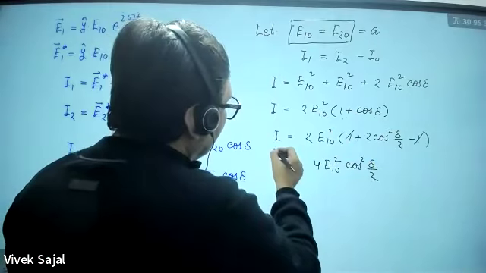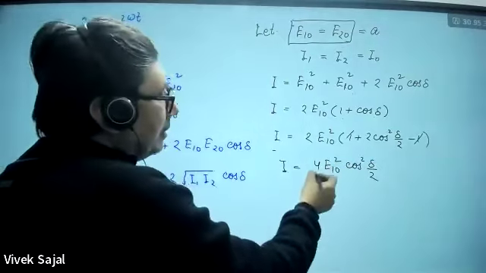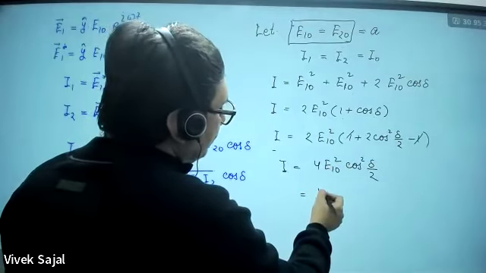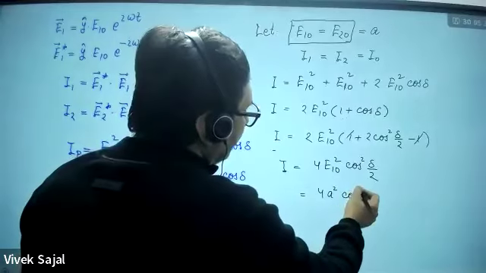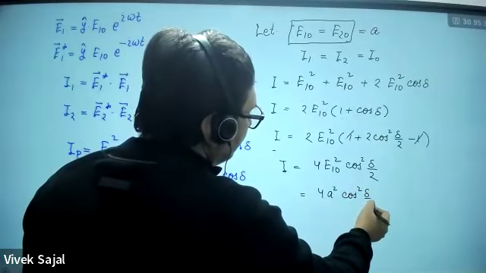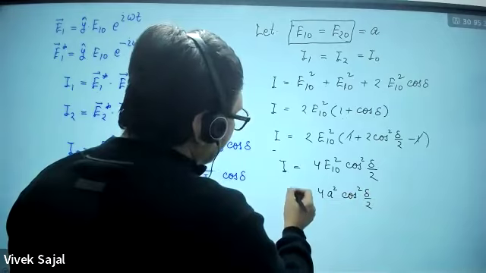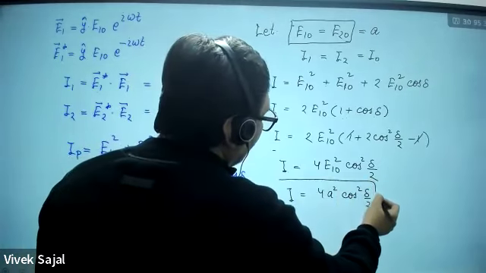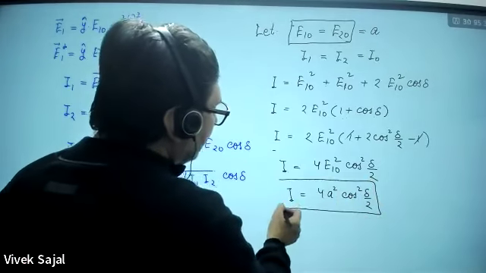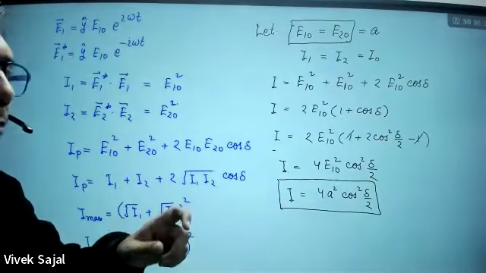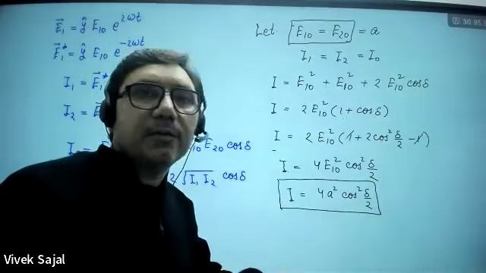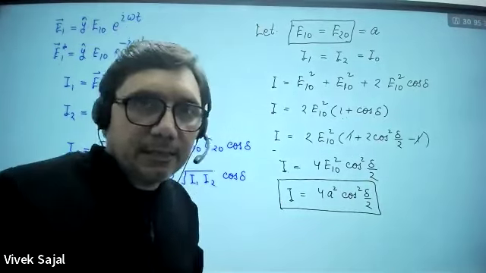So one of the formulas will be this. If you take their amplitudes the same, you can write even 4a square cos square delta by 2. You can remember it like this. This is the formula of intensity.